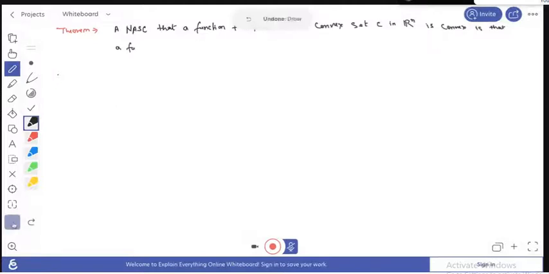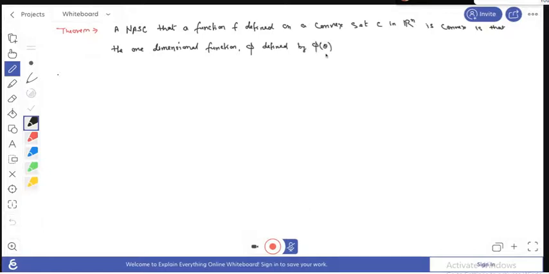that the one-dimensional function, suppose phi, which is defined as phi of theta equals to f of theta x1 plus 1 minus theta x2, okay, where x1 and x2 belong to that set.